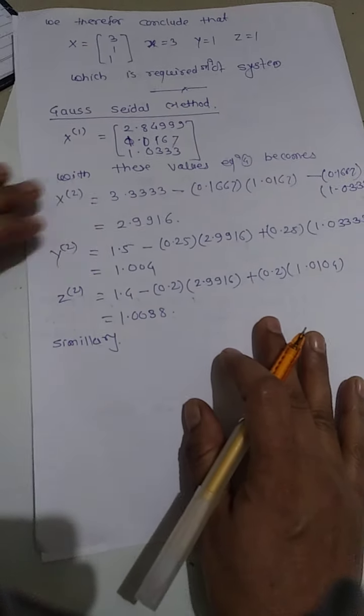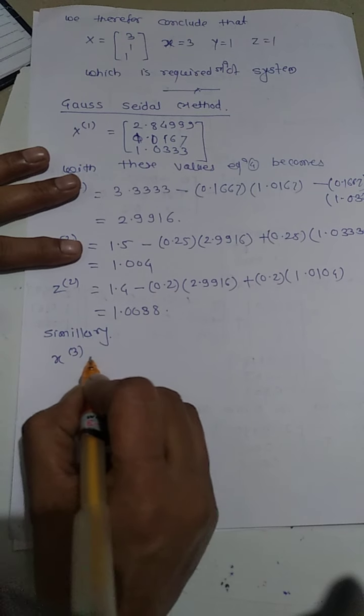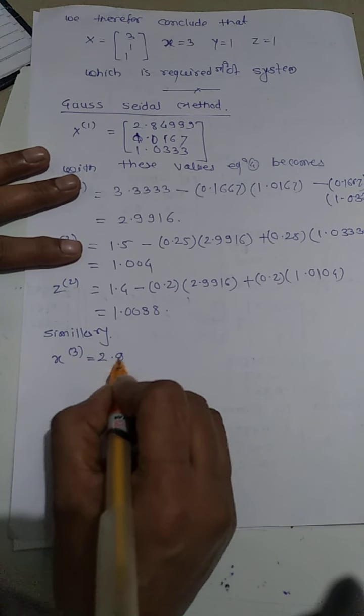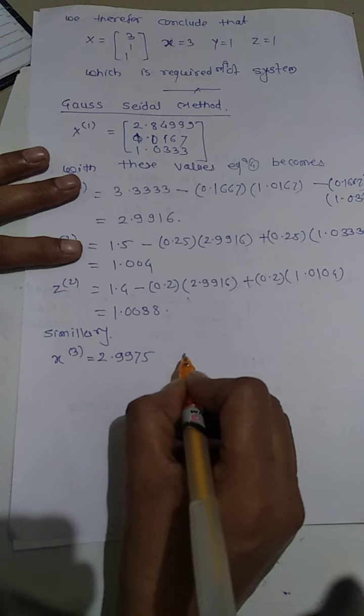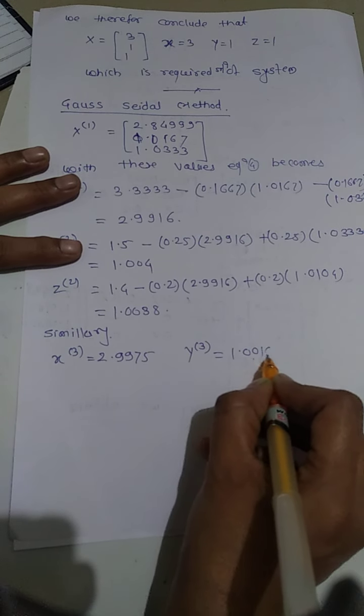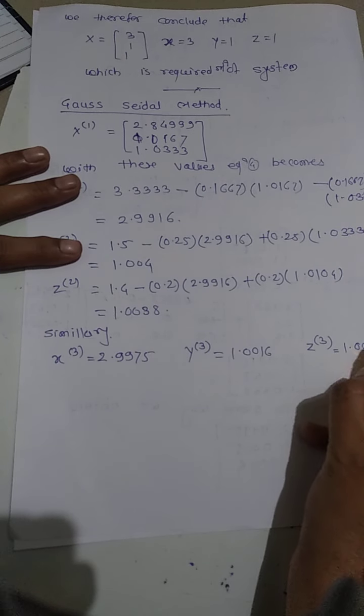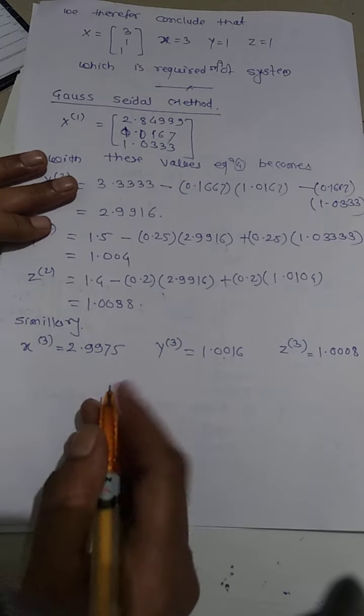Then similarly, we find the value of x of 3. x of 3 is equal to 2.9975, y of 3 is equal to 1.0016, and z of 3 is equal to 1.0008.